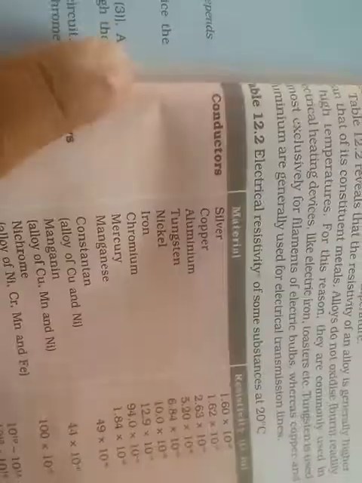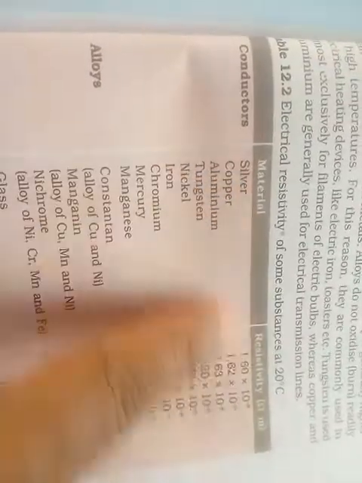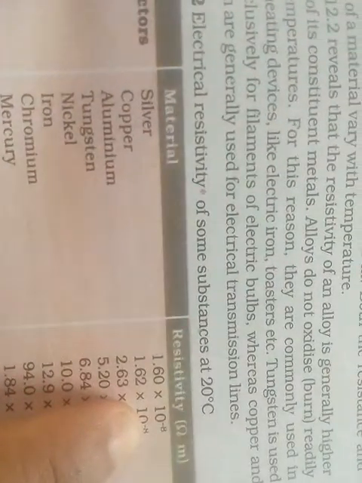Here you can see in the table the resistivity of certain materials. Among conductors, silver is of the order of 1.6 into 10 raised to minus 8 ohm meter, which is very less.